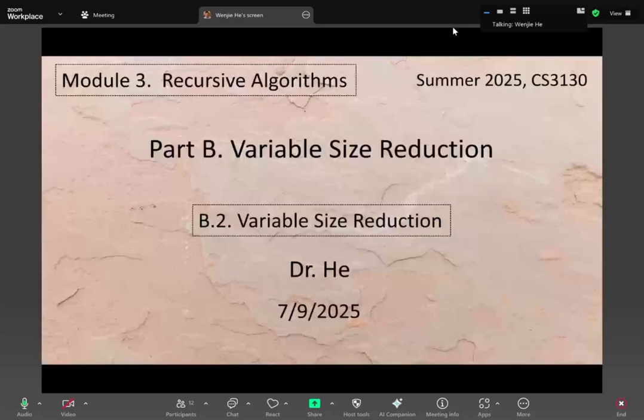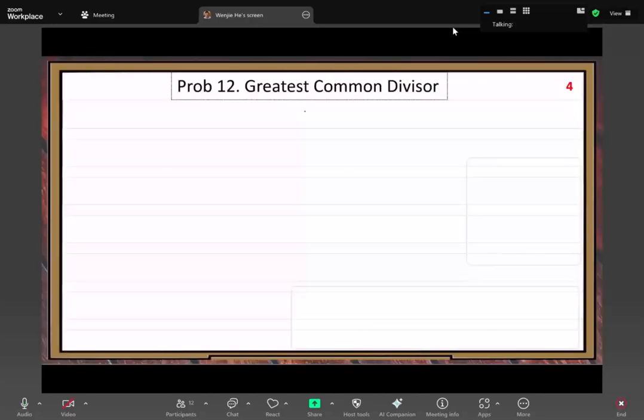Variable size reduction. Problem 12, greatest common divisor. Given 2 non-negative integers m and n. So here, non-negative, so including 0. 0 included.